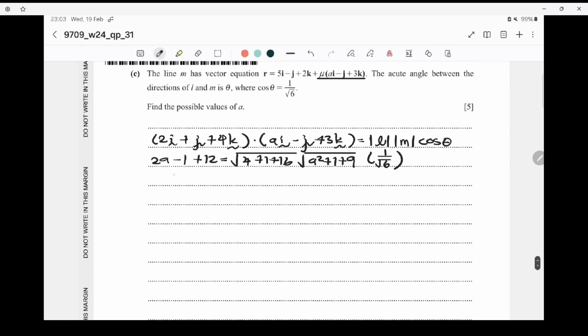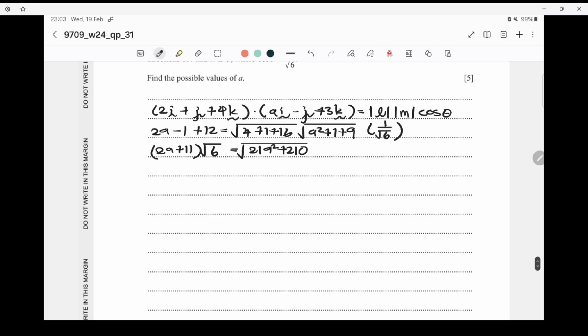So in the end, 2a plus 11, the whole thing multiplied with the square root of 6, will give you the square root of 21a squared plus 210. So you square both sides, and then you have 4a squared plus 44a plus 121 multiplied with 6.